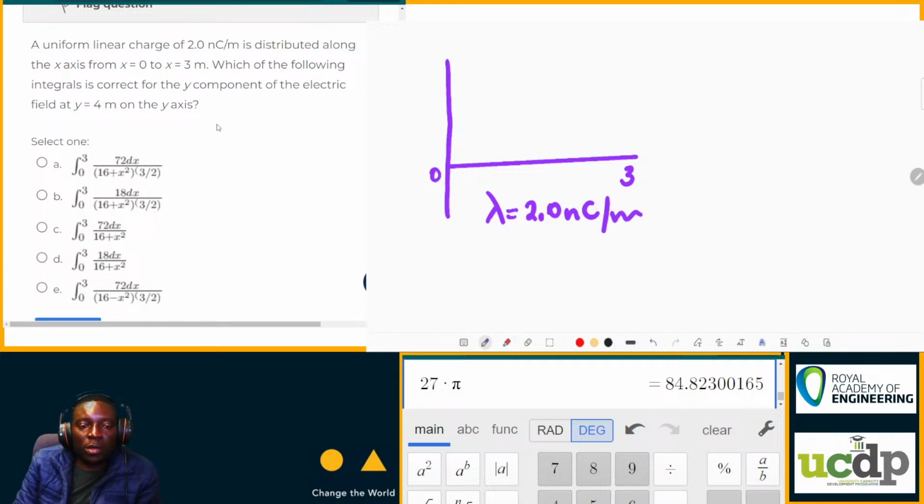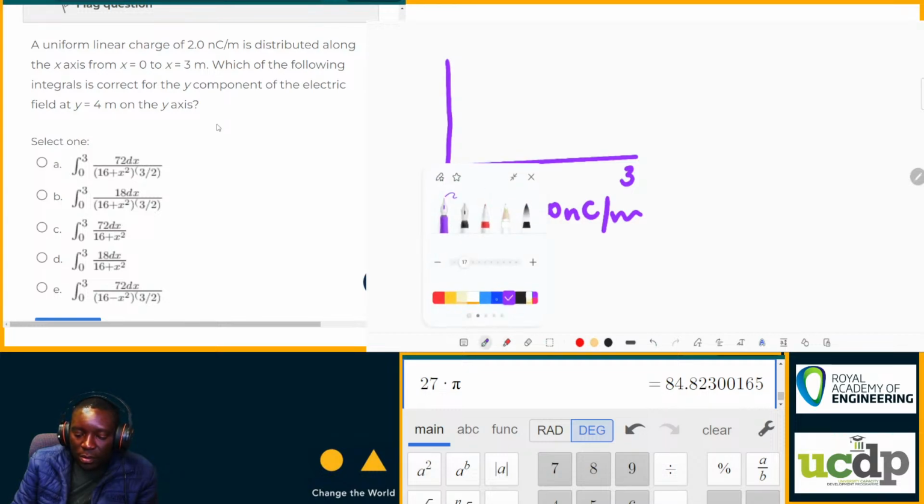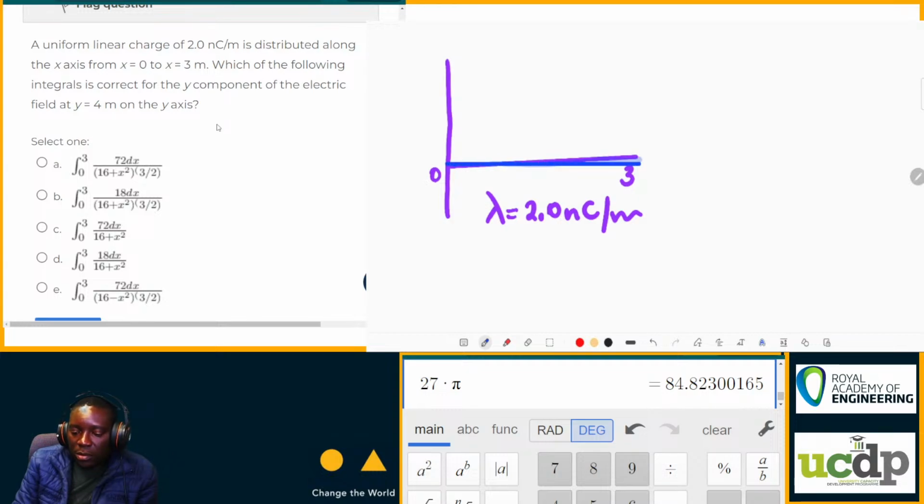That's the density along that axis. So we actually have our rod there. This is the charge on the x-axis.